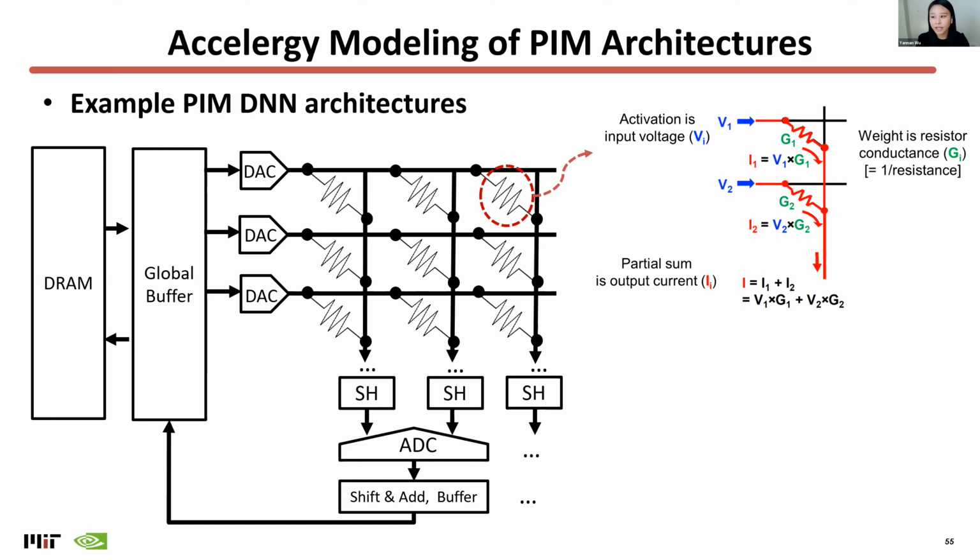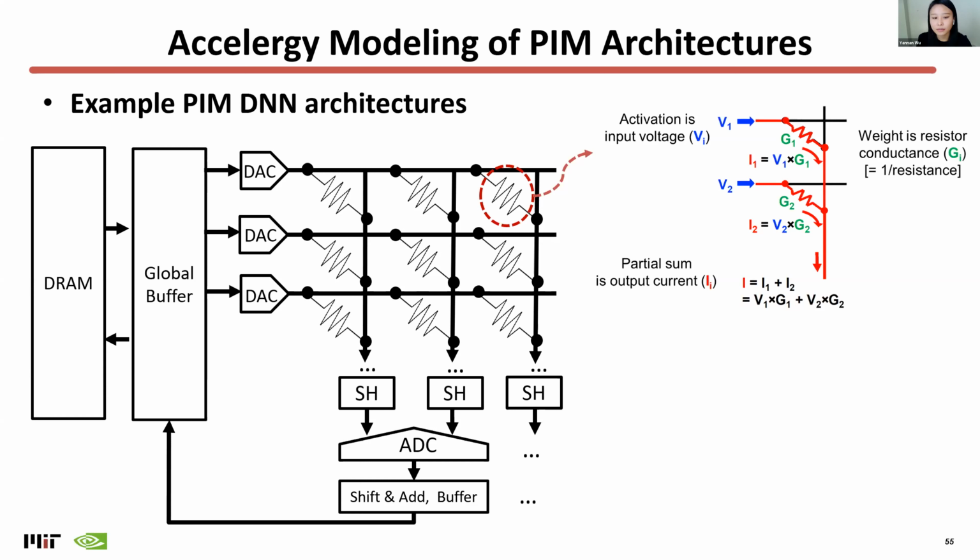In terms of the analog computation, at a high level, the input activation is sent into the word lines as voltages, and the weights are programmed into the memory cells. So these are actually weight stationary architectures. With the weights programmed into the memory cells, we can use Kirchhoff's current law to perform the MAC operations across the bit line of the memory array, and what comes out of each bit line is actually a partial sum.